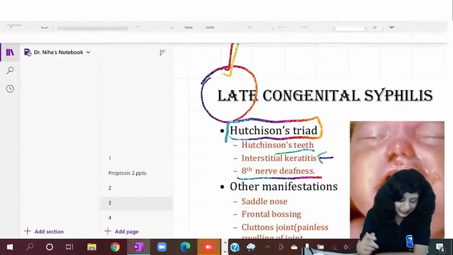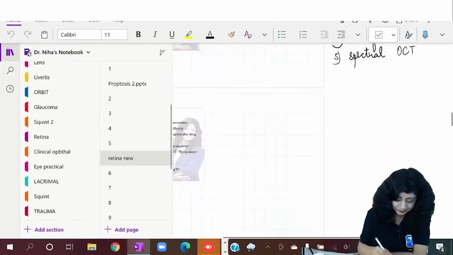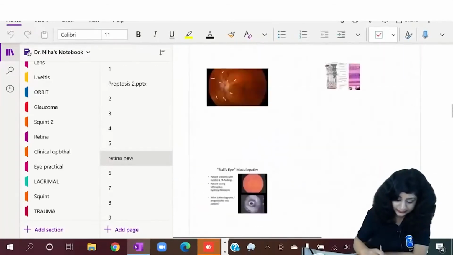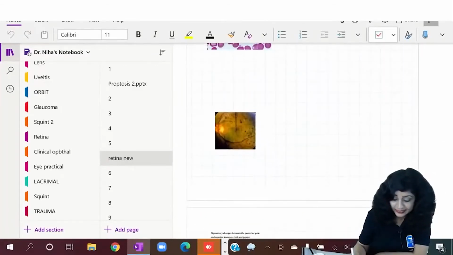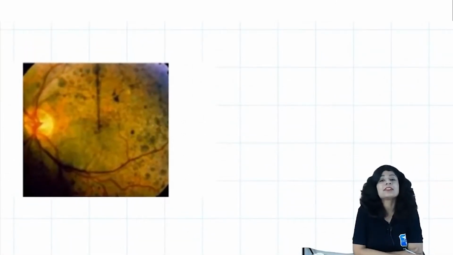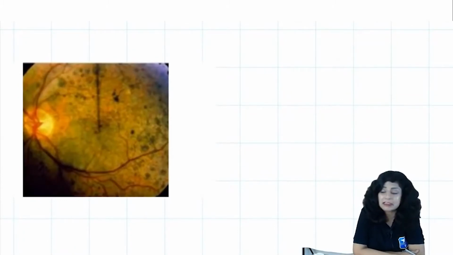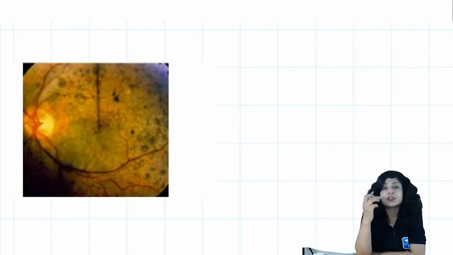Now let us see the important things in the retina, because the question is asked, can you tell me the diagnosis here? Once you tell this diagnosis, then I will show you a similar picture, and then we will be discussing how to differentiate between the two, because you will be having the same problem in the examinations.